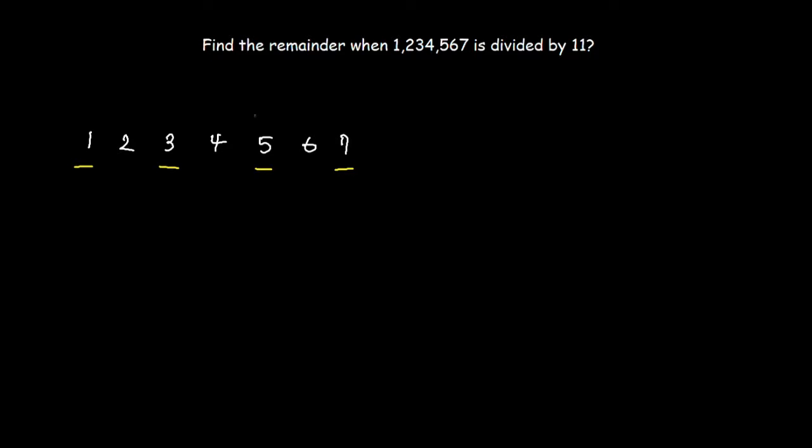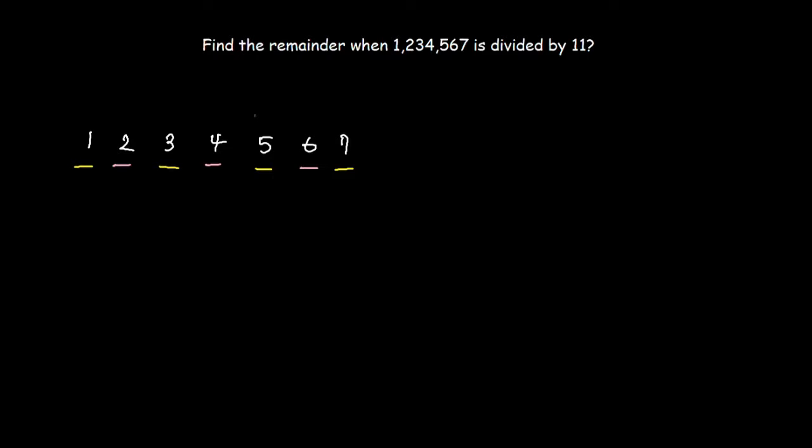And the other set of numbers, which I'll do in pink, is 2, 4, and 6. So the rule is stating that when I add the yellow numbers and subtract the pink numbers, then the result should be either a 0 or divisible by 11 if this 7-digit number is divisible by 11. So let's go ahead and do that.